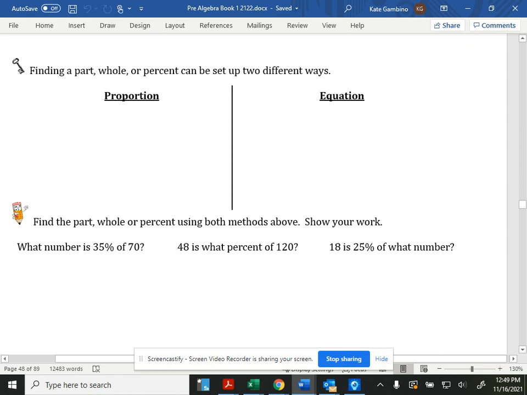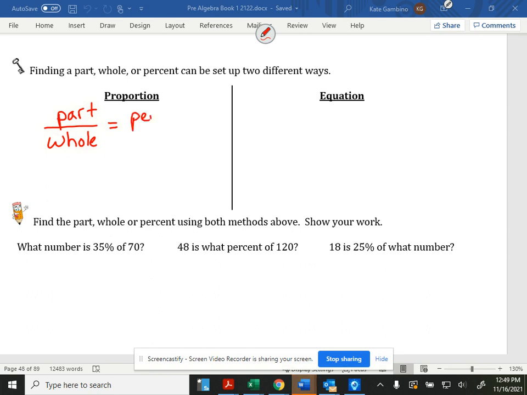So if we have a proportion, we're going to do that part over the whole equals the percent over 100. So if you want to set it up as a proportion, okay, how did we go from the whole to the 100? How do we go from the part to the percent?